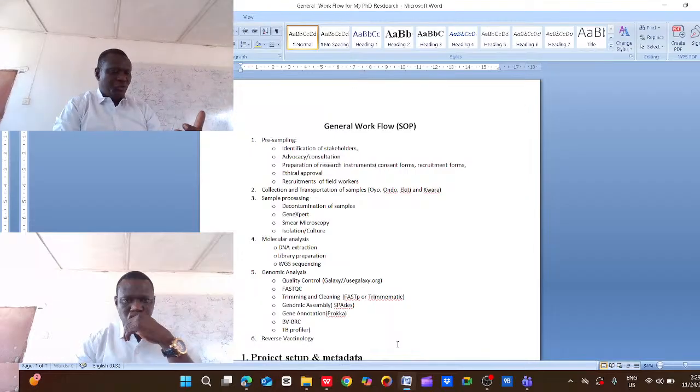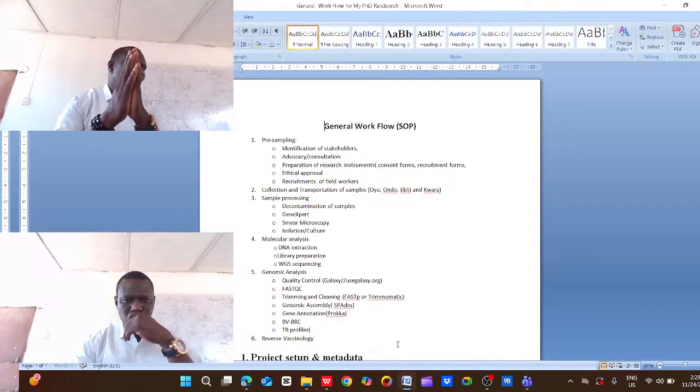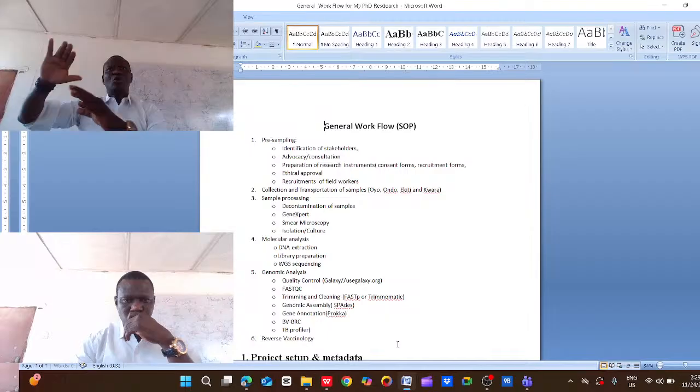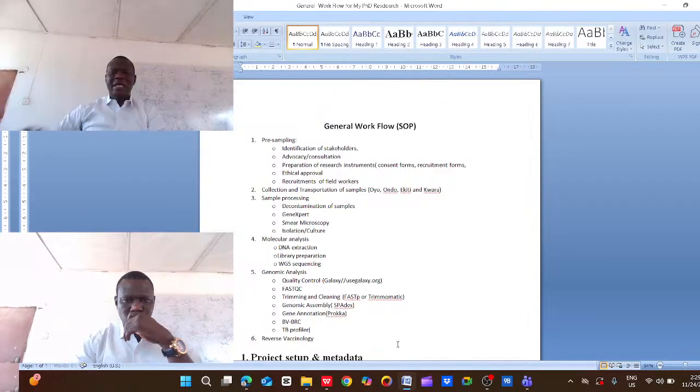What do we mean by workflow? That is from the first step to another step to another step to another step. Don't forget I said it's going to be from wet lab to dry lab.